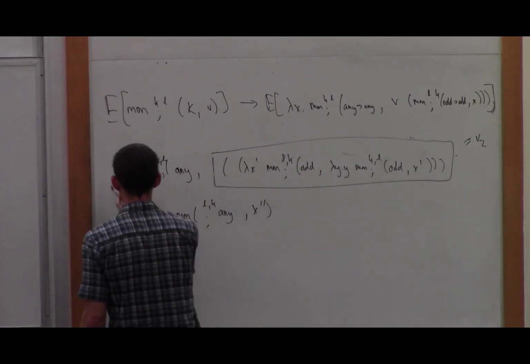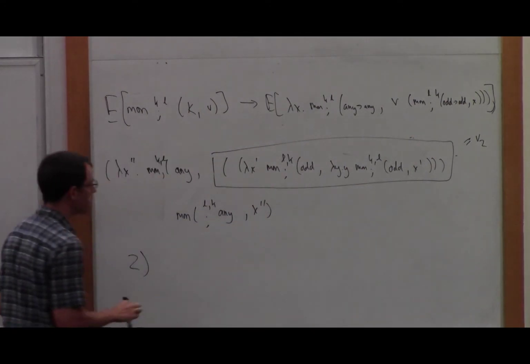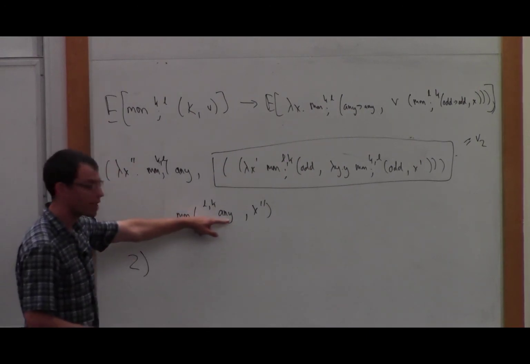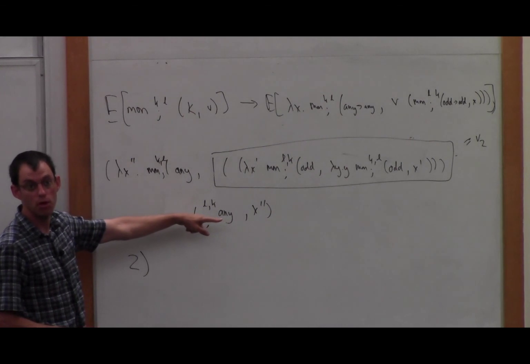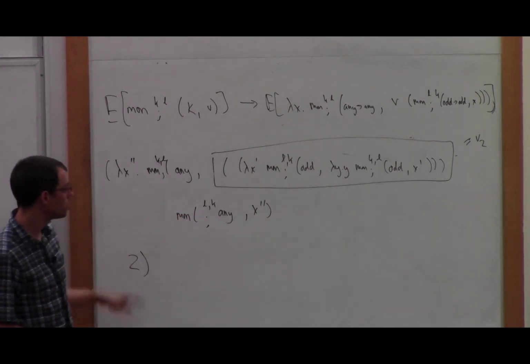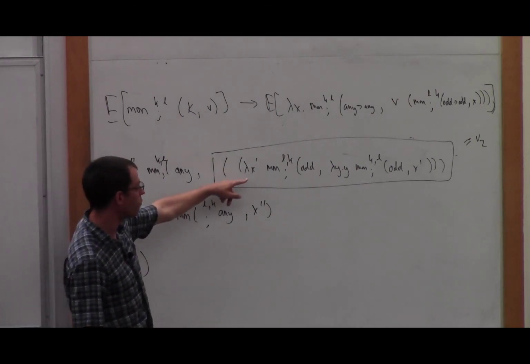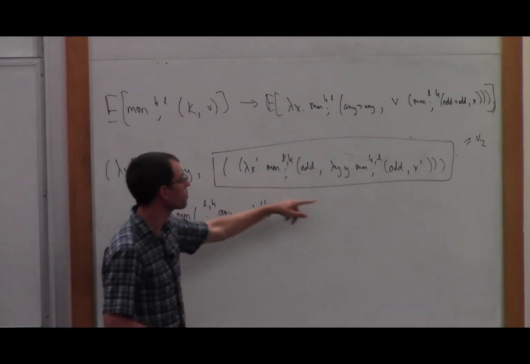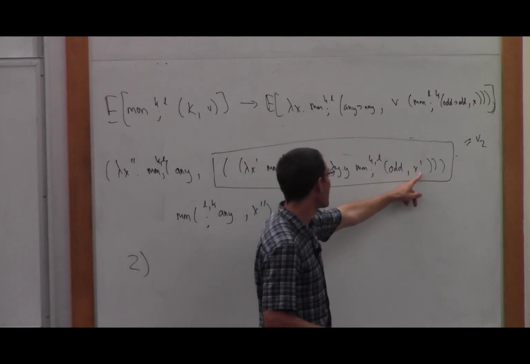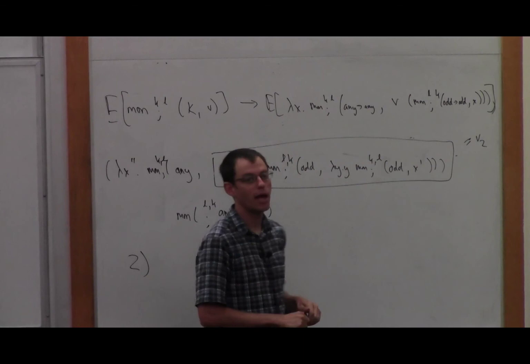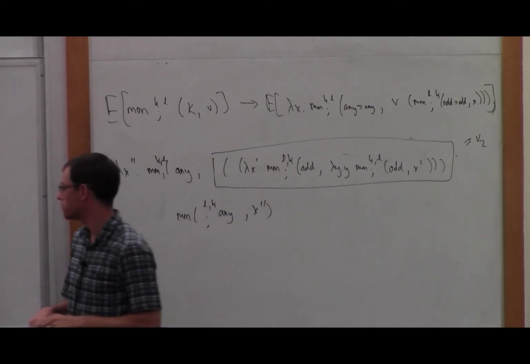All applied to 2. So now we're going to substitute in 2 for x double prime, check that it matches any, which it does. Then we have 2 substituted in for x prime. We're going to check that it matches odd, which it doesn't, and we're going to blame k.